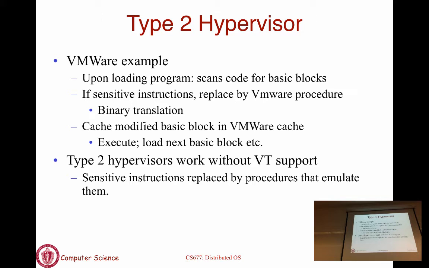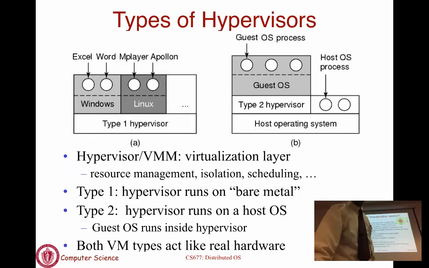Essentially, you can think of it as: whenever it finds a sensitive instruction, it will inject a function call there. The function call goes to the hypervisor. The hypervisor can then make real system calls to the underlying OS to perform the privileged operation, because the only thing that can actually perform a privileged operation in this case is the host operating system.